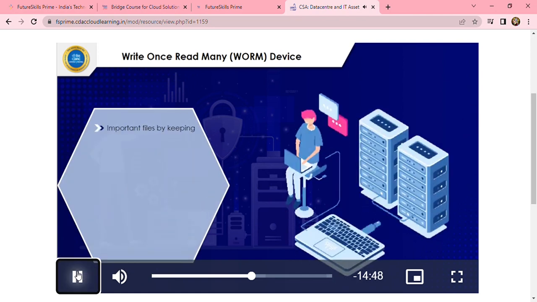WORM protects the important files by keeping them safe and intact. It ensures the highest level of integrity and data security by eliminating the risk of important data being deleted or modified. This way, WORM helps to preserve the authenticity and safety of recorded data.